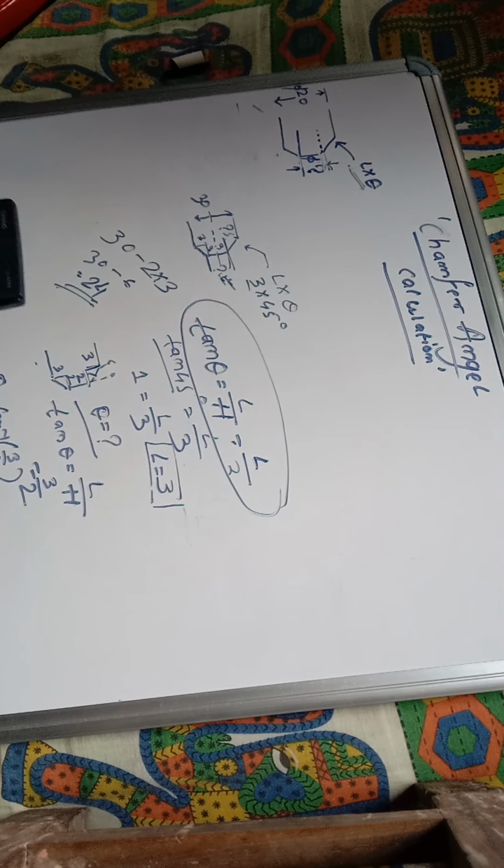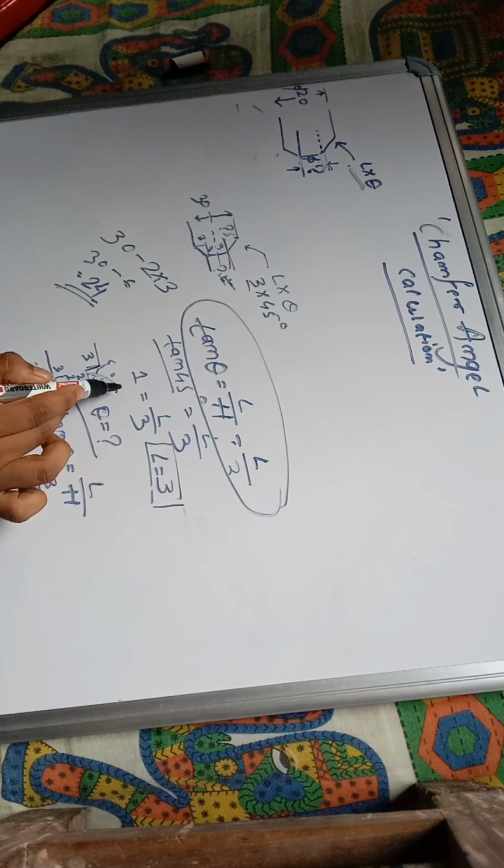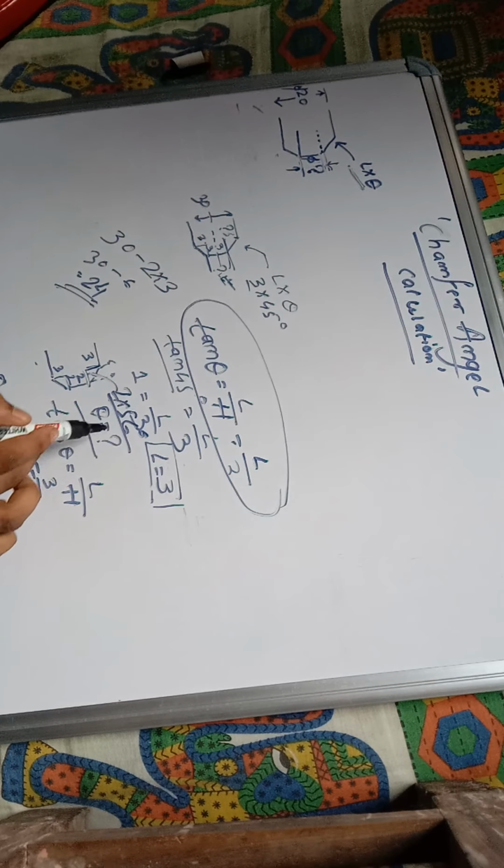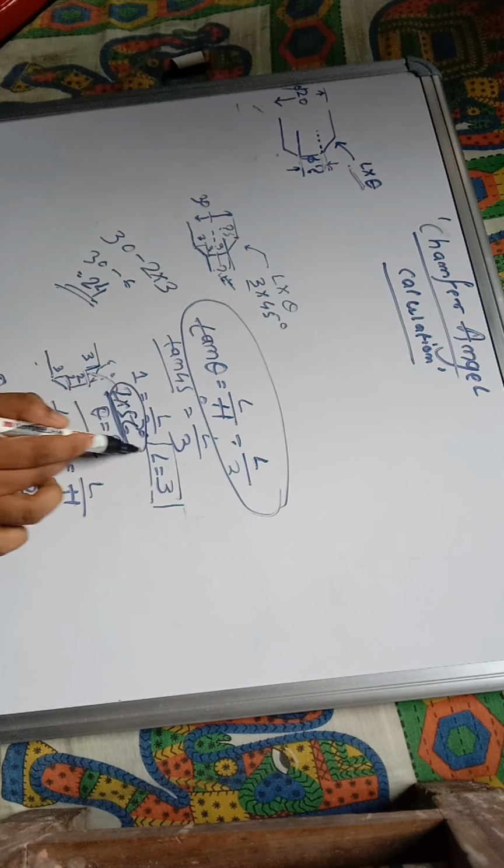Simply press shift tan inverse 3 divided by 2, that is 56 degree. Then you may write 2 into 56 degree. Here the chamfer angle is 56 degree.